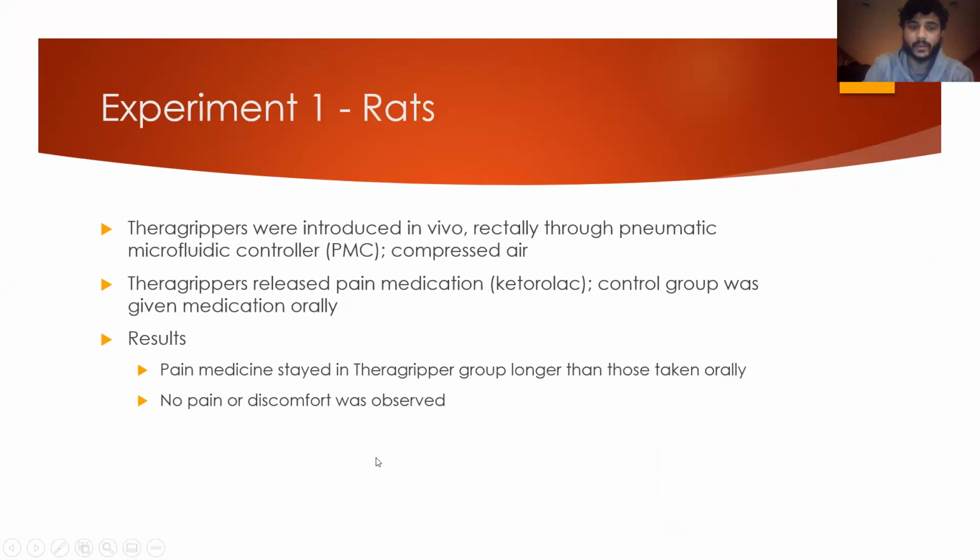So the results indicated that the pain medicine stayed in the Theragripper group longer than the group that took it orally. There was no pain or discomfort observed. So these rats were just doing their normal routine. They didn't show any abnormalities.